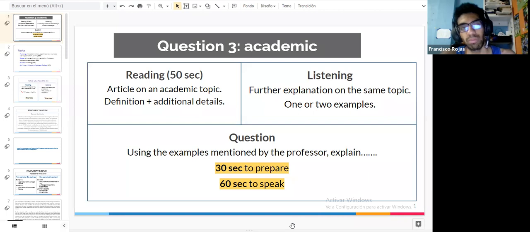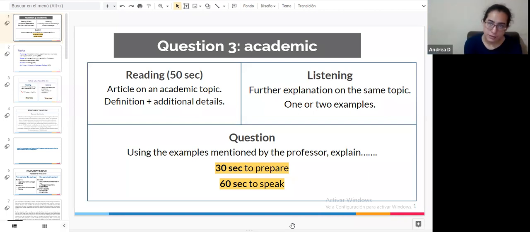Great. So yes, we went through task one, the one where you just had to tell your opinion on a certain topic. In last class, this Tuesday, we went through task two, where you needed to read a campus announcement, listen to a conversation, and summarize.